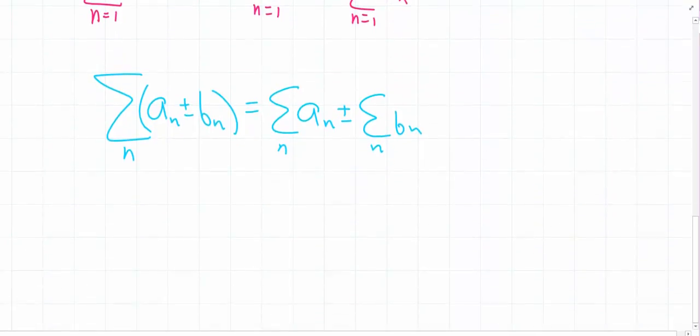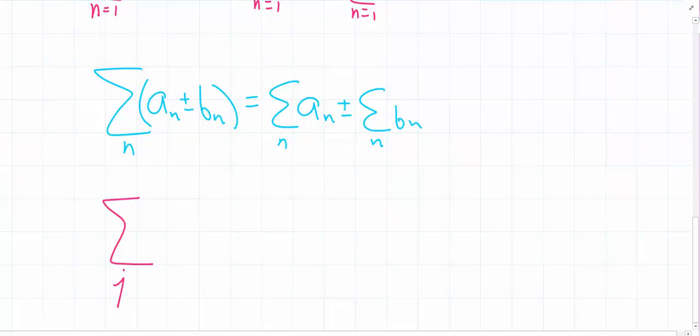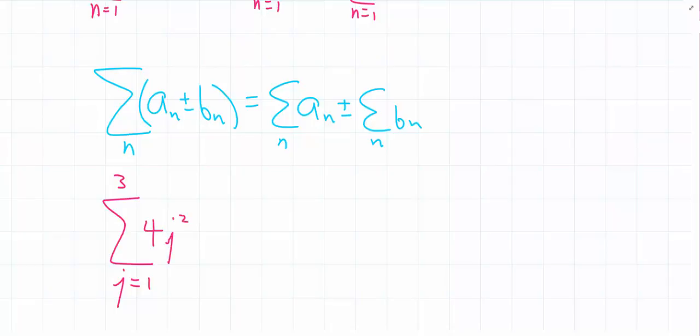And then let's look at another one here. Let's suppose that I'm going to sum, and I'll use j this time. Usually when we're talking about these sums, we'll use as the variable that we increment i, j, k, or n, usually lowercase. So let's suppose I want i equals 1 to 3, and I have 4 j squared, something like that.